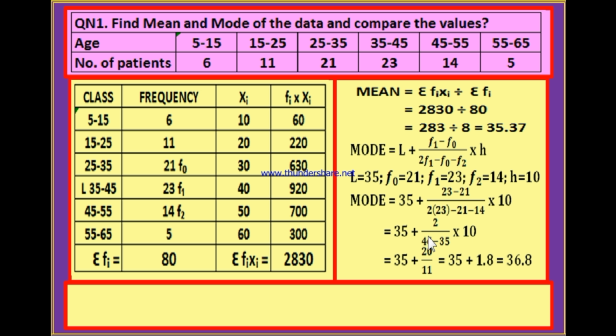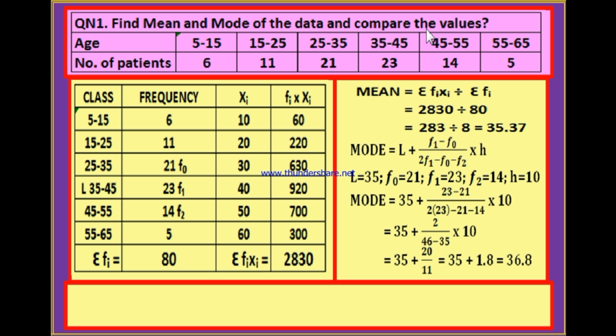This is 35 plus 2 into 10, 20, divided by 46 minus 35 is 11. 35 plus, if we divide 20 by 11, this is 1.8. Therefore 35 plus 1.8 is 36.8. This is the mode of the given data. Therefore the mode of the given data is 36.8 and the mean of the given data is 35.37.